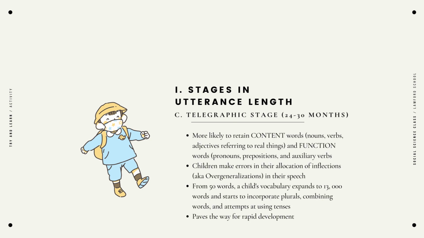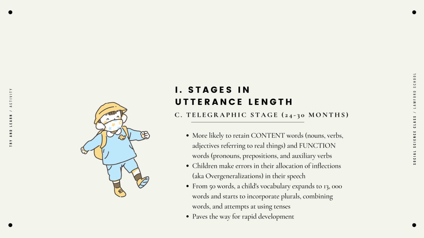So it is more likely to retain content words and function words. Content words being nouns, verbs, and adjectives that refer to real things, and function words being pronouns, prepositions, and auxiliary verbs. This is also where overgeneralizations in children's speech occur, which refers to the errors that children make when they allocate their inflections. We will be talking about this in greater detail in the next couple of slides.